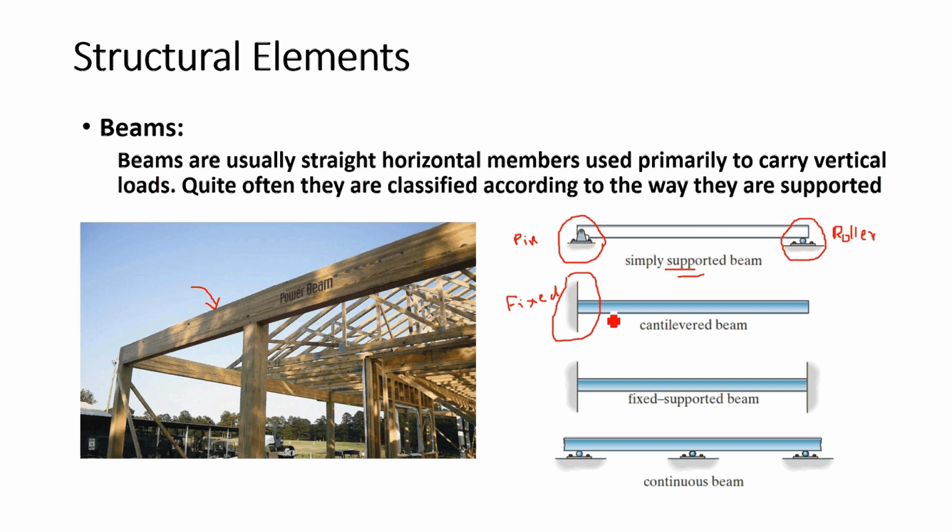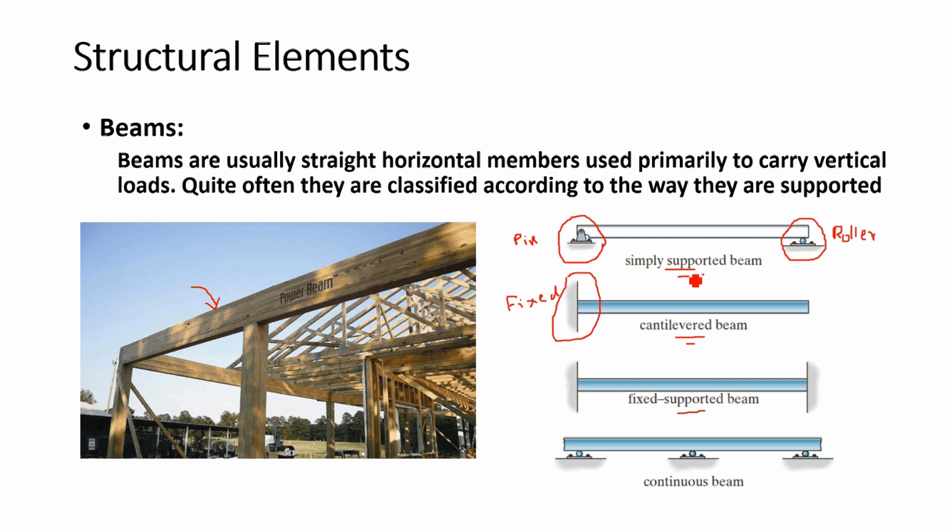For the moment, just take the basic idea. At the other end of the beam there is no support. This is the free end. One end is connected to the fixed support. This kind of beam we define as a cantilevered beam. It's like a branch of a tree, and that is where the name came from.